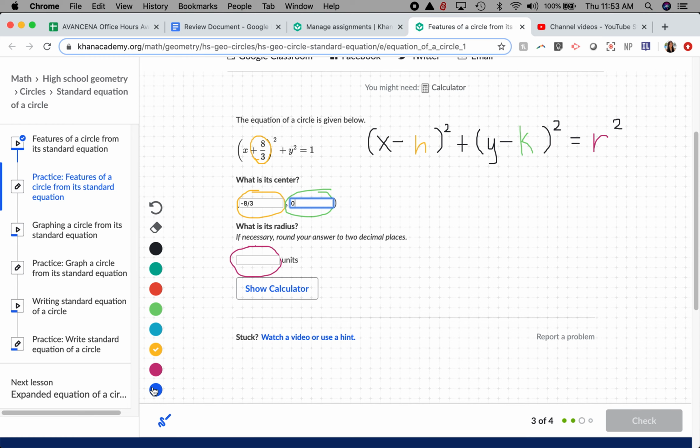And lastly, looking at our radius, we have to again think of what number multiplies to itself to become 1. And that is 1 times 1 becomes 1, or 1 squared will simplify to a 1, which is our r. Our radius is the base. So this is going to be 1.